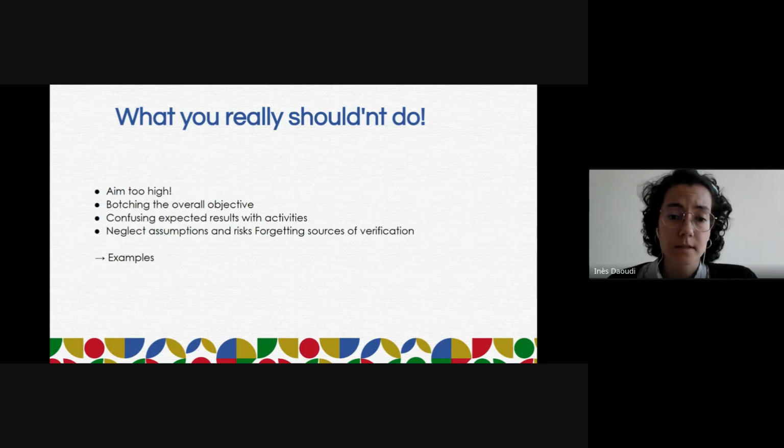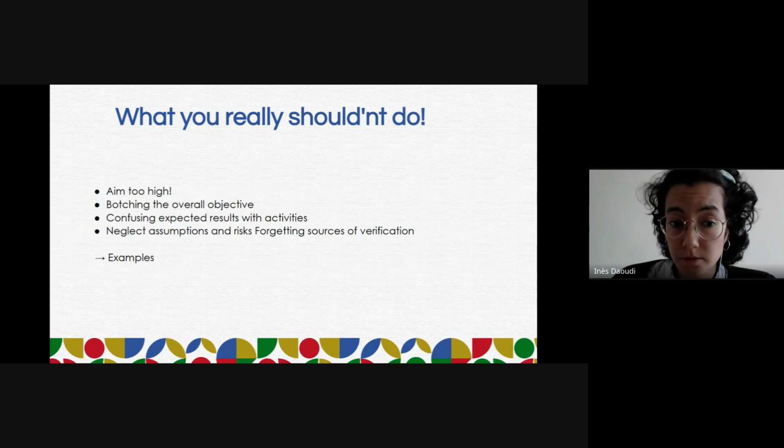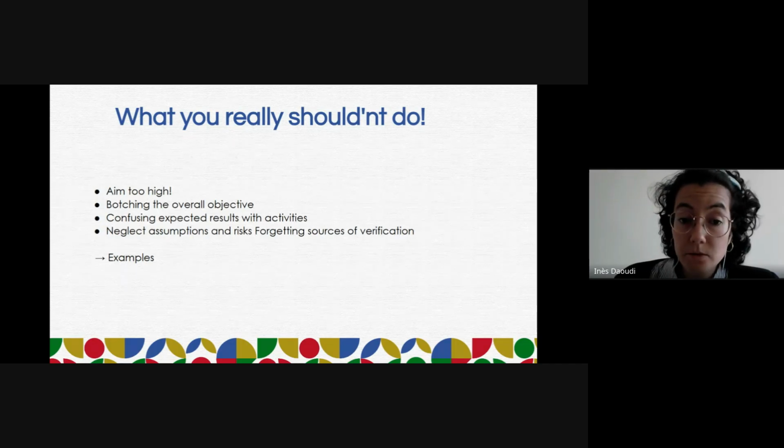Those assumptions are basically external factors considered to be true or likely, and they're beyond the direct control of the project. Okay, so it can be linked, I don't know, to geopolitics or to environments, and you cannot control it. But it has to be identified at all levels of the logical framework.